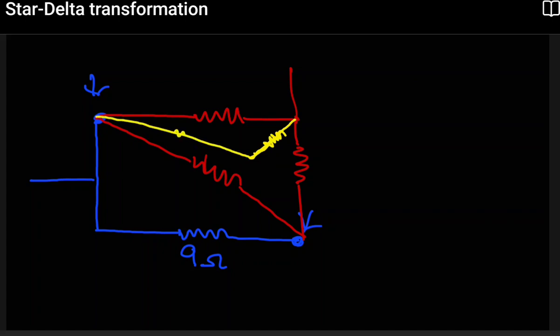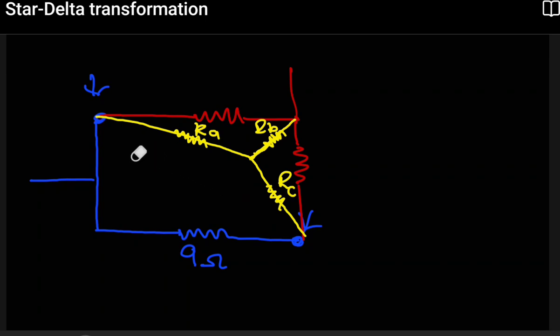We labeled that as A, and along this line we had RA. Then here, of course, this is RB. And from this point coming down, along this line, we have RC. What this achieves is an equivalent of the delta. So you can practically remove the delta and still have the same effect with the star. So now our circuit looks like this.